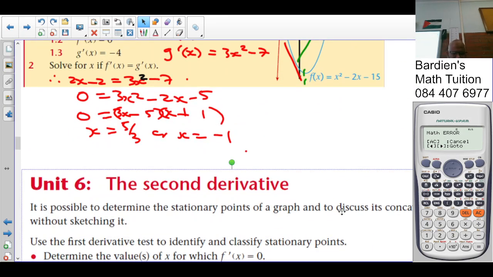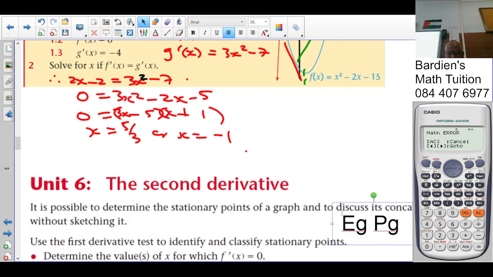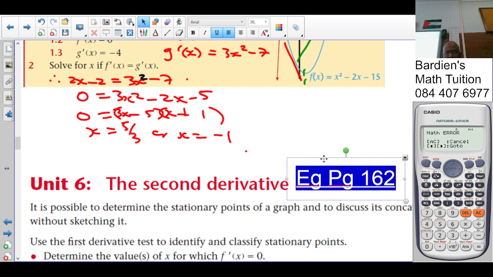There's the explanation on page 162. Here we're talking about the second derivative.